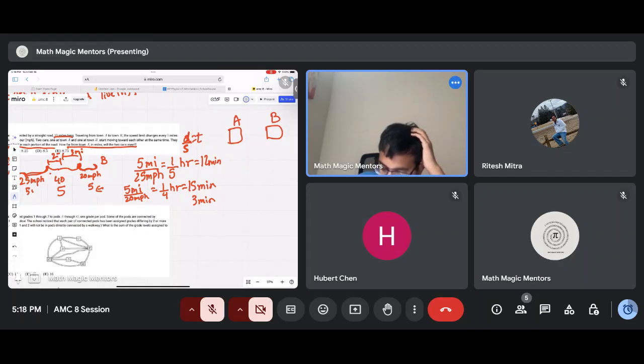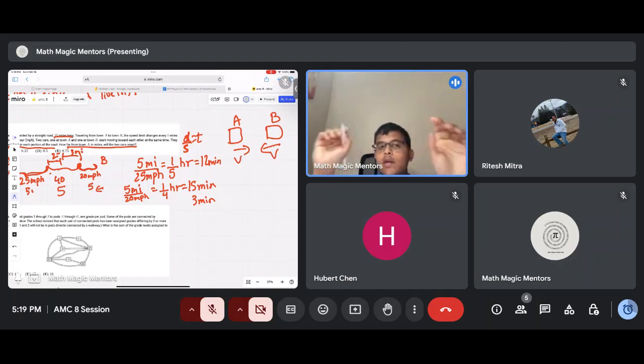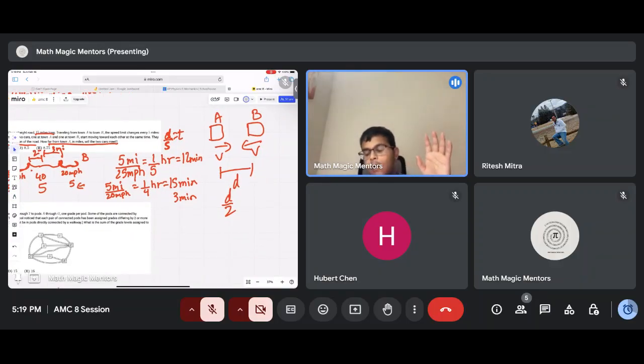They're both moving at the same speed, V and V, right? At what distance D will they meet? Well, it's logical that they'll meet at distance D over two, right? Because by time T over two, right?